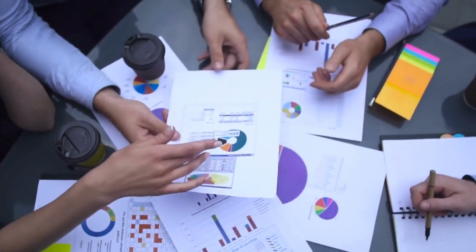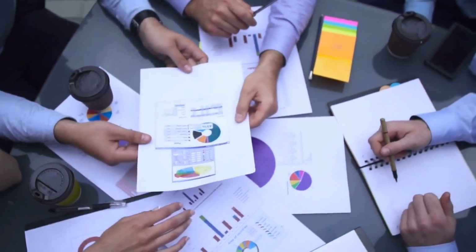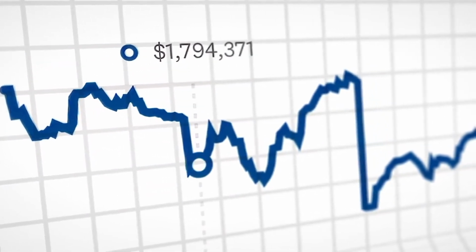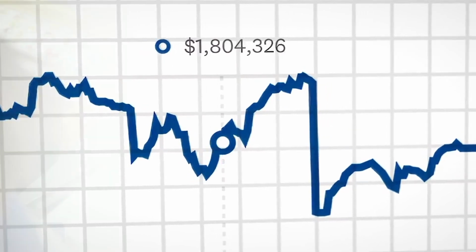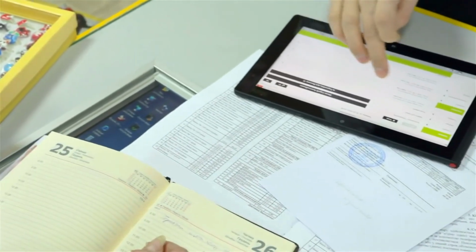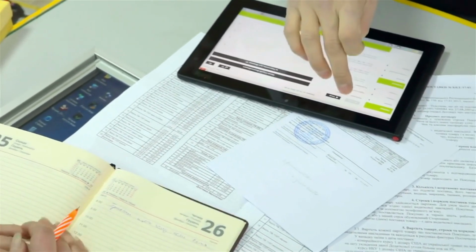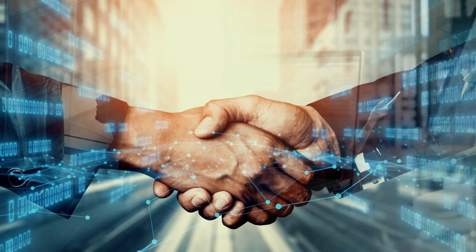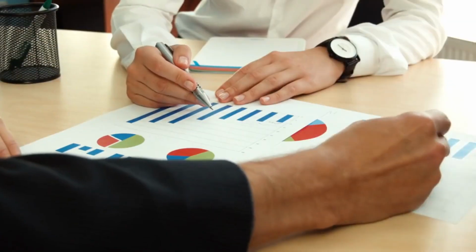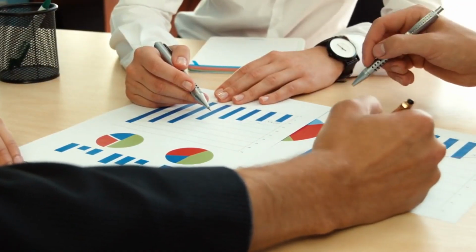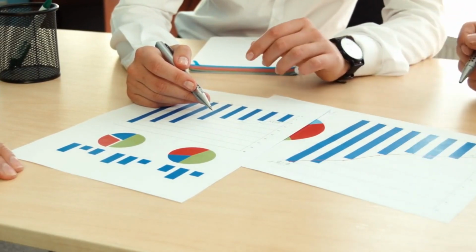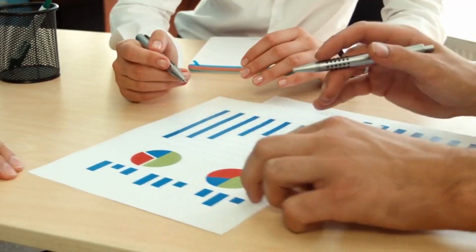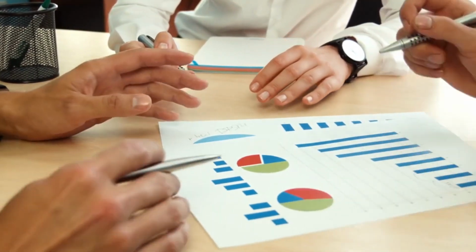Step 3. Determine your asset allocation. Asset allocation refers to how you distribute your investments across various asset classes. The right allocation depends on your financial goals, risk tolerance, and investment horizon. Here are some general guidelines. Risk tolerance. Conservative investors typically prefer a higher allocation to bonds and cash equivalents to minimize risk. 70% bonds, 20% stocks, 10% cash.